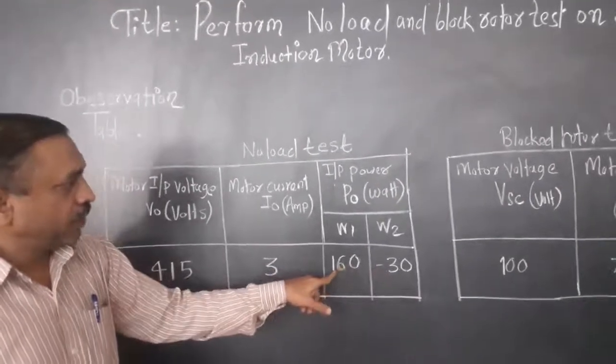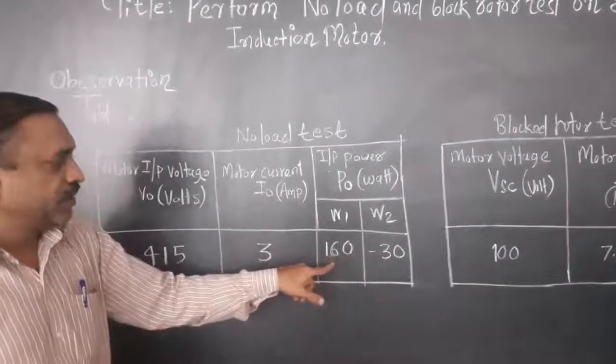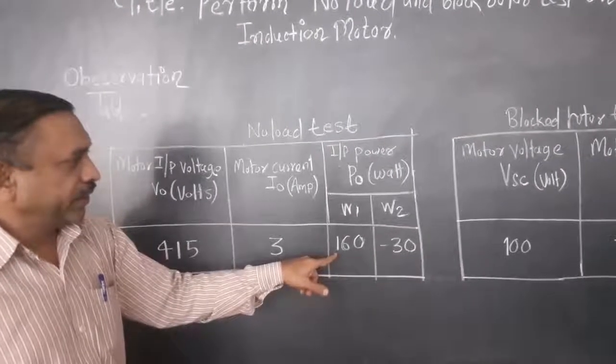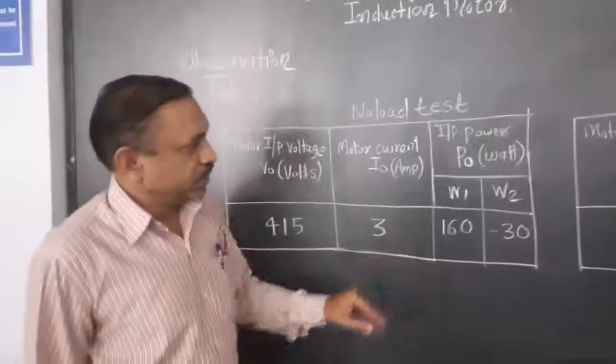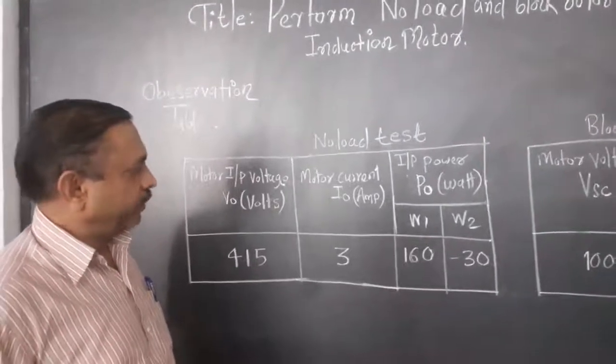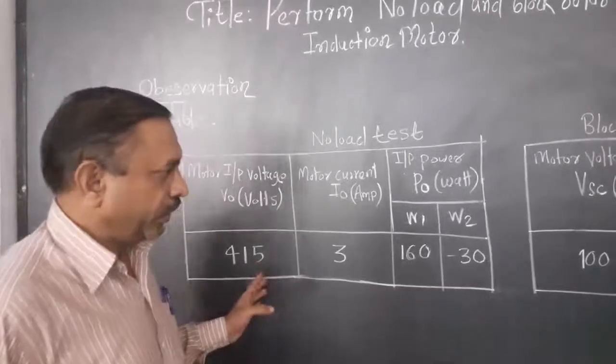So the actual input power will be 160 minus 30, that is 130. Here the point to be noted is that we have to consider the multiplying factor of the wattmeters, which is already taken into account here.